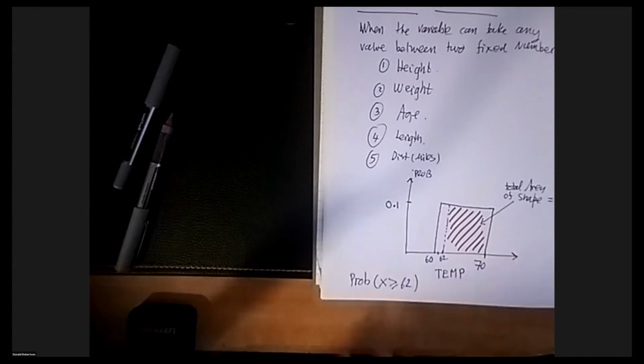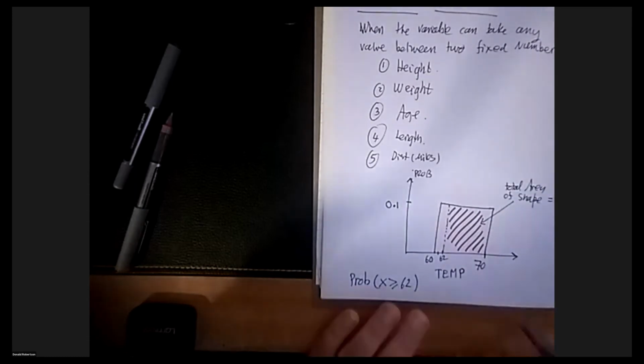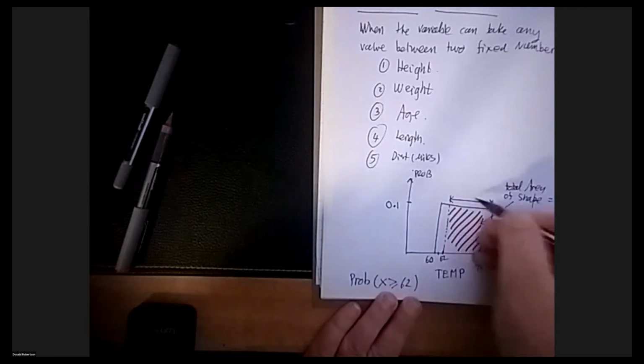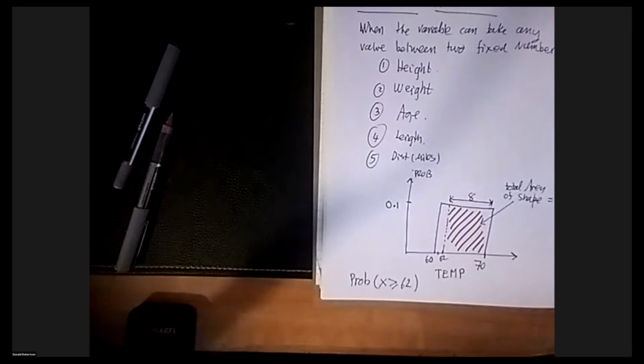Now, in this question here, since the shape is relatively easy to see, would you agree that the distance from here to here is 8? Right, 62 to 70, 8. Isn't the height, in this case, always 0.1?